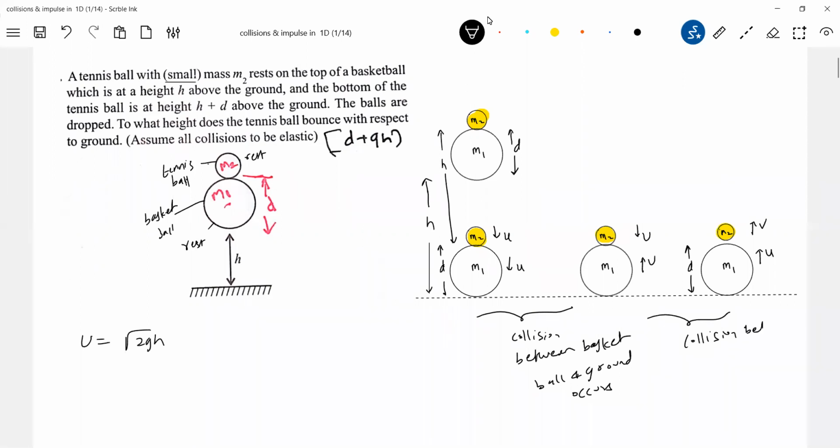And now here what happened? Collision between tennis ball and basketball occurs. So here what is the condition?